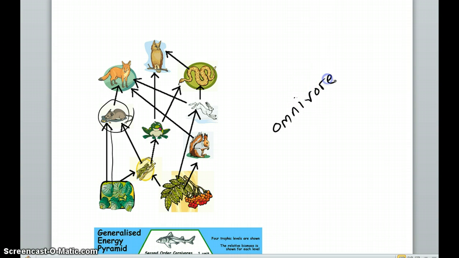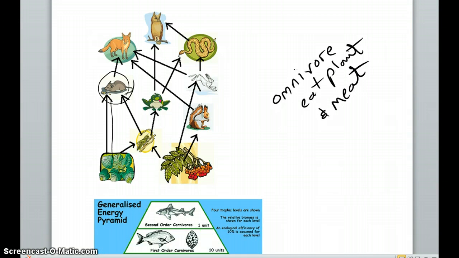Omnivores eat plants and meat. And thus the title of your summer reading, Omnivore's Dilemma. And food webs can get pretty complex. This one is a fairly simple one, and you have to learn to be able to draw them, be able to interpret them, and so we will be practicing those.